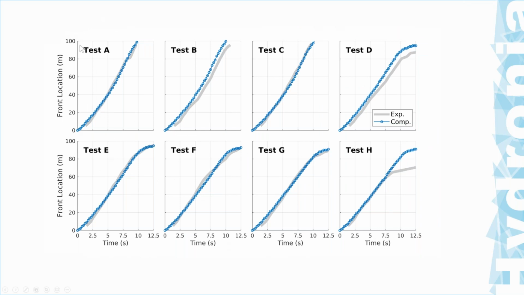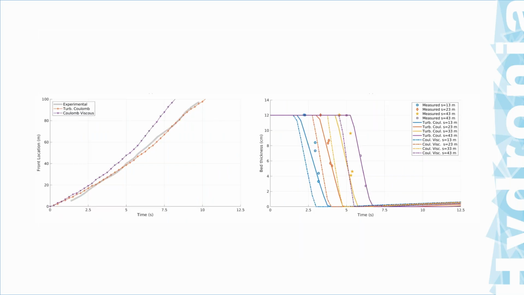So this is the front location measured from the initial release point with respect to time. You see here that in almost all cases, except a couple of them, there is a very good resemblance of the model results with respect to the observed values.